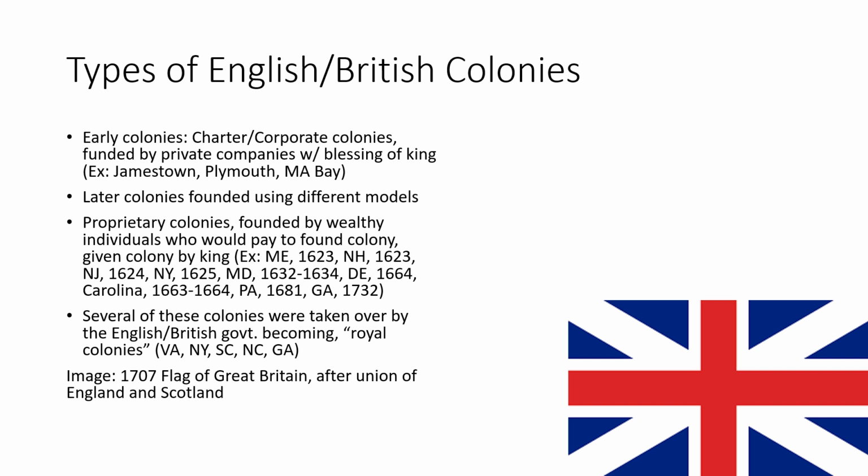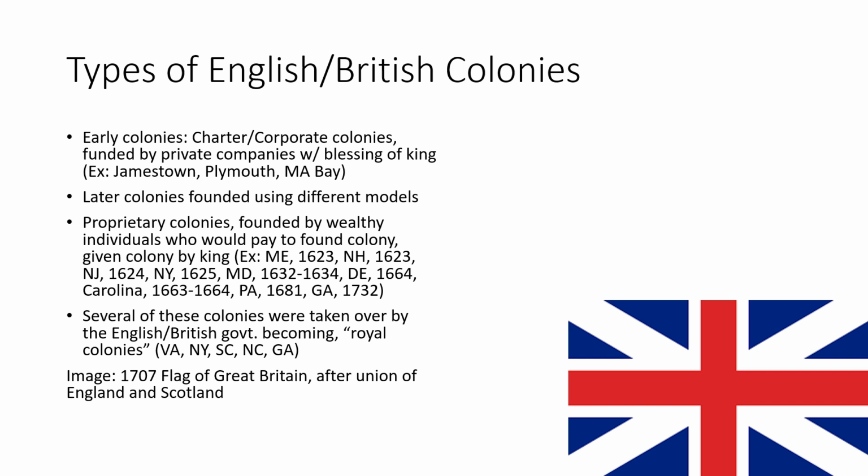Things can get a bit confusing because sometimes a colony goes from being proprietary to royal. Again, proprietary to royal, wealthy family to being then taken over by the king. This reflects increasing centralization. Also, some of the non-English colonies that are taken over by the English, they start out as proprietary colonies when the English immediately take over, often becoming royal or becoming more centralized with time.